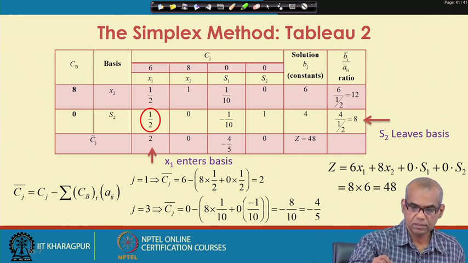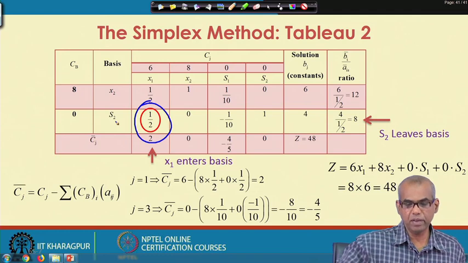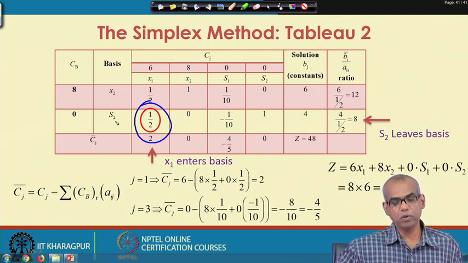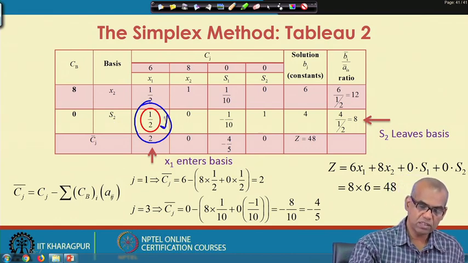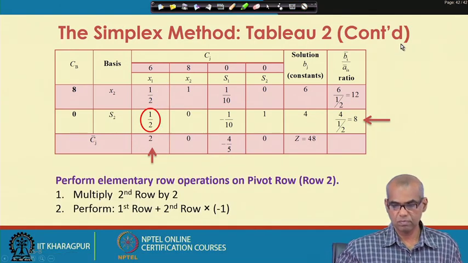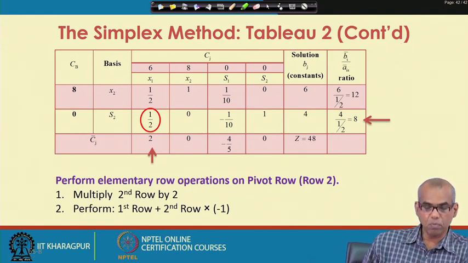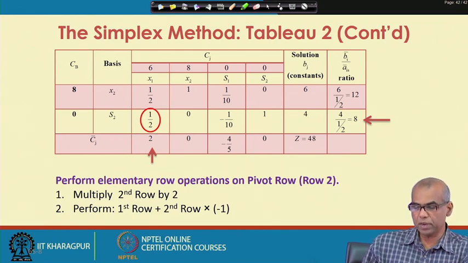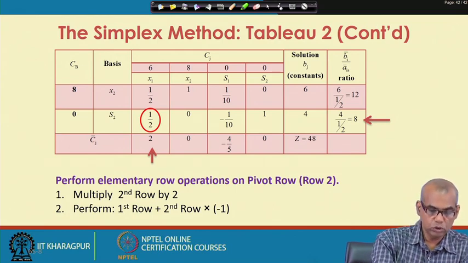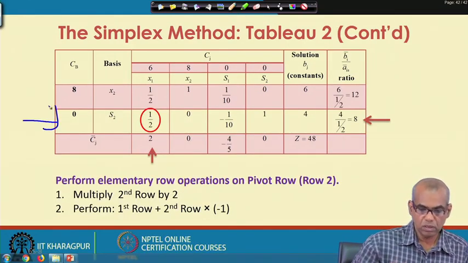And this is the pivot variable and this row is the pivot row. So, again we have to do elementary operations such that this coefficient becomes 1 and here it becomes 0. This can be obtained by performing elementary row operations on pivot row 2. So, the pivot row is row number 2.